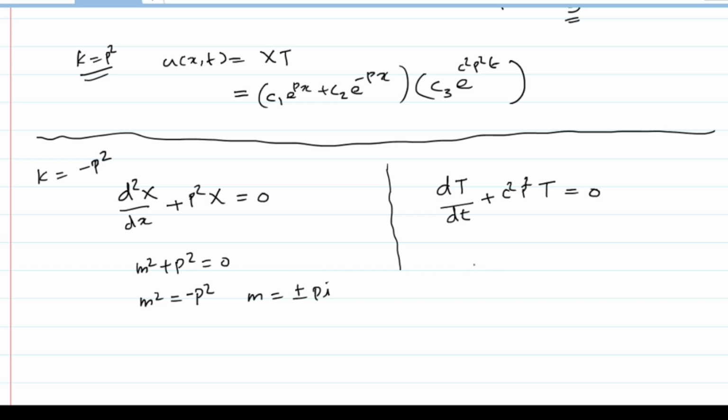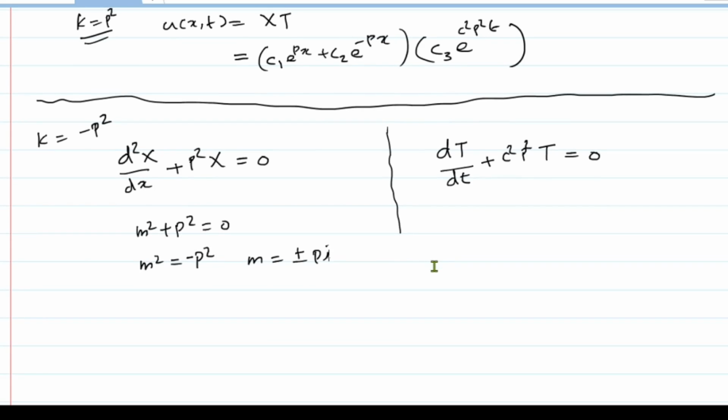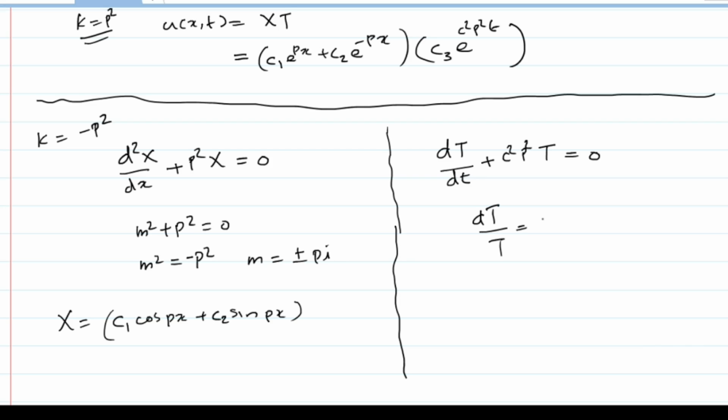Here you can proceed in a similar fashion, so I will solve first of all the X part. For this we get X is equal to c1 cos px plus c2 sin px. Here, as in the previous case, we have dT by T is equal to minus c square p square dt.